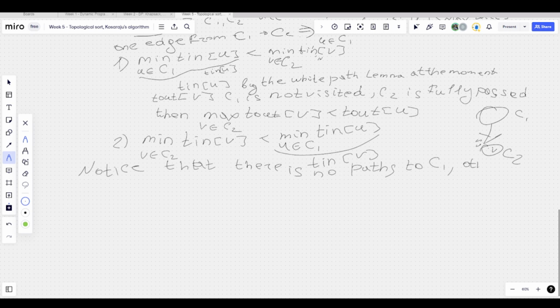Otherwise, we get a contradiction, C1 tilde C2.